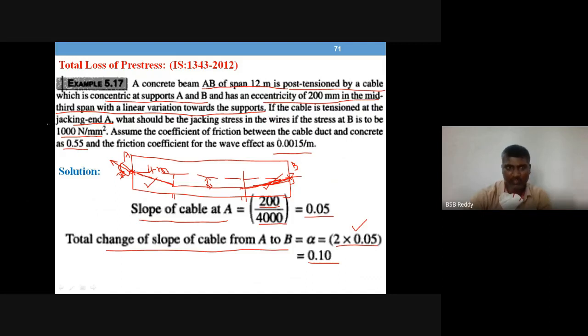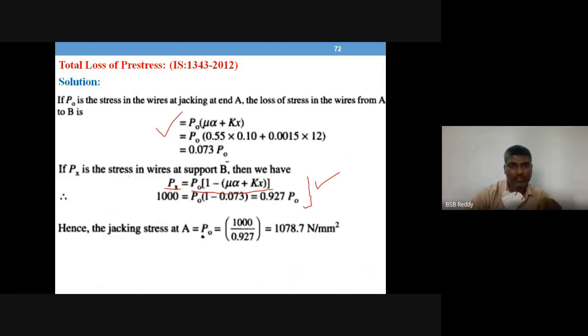If the stress at B is 1000, what does that mean? After all losses, after friction loss, stress is 1000. Px value is 1000 and P naught is the stress at the jacking end. This is the unknown value you have to find. So your formula is Px is equal to P naught into 1 minus mu alpha plus Kx. Substitute for Px, that is 1000, P naught unknown, 1 minus mu times alpha.